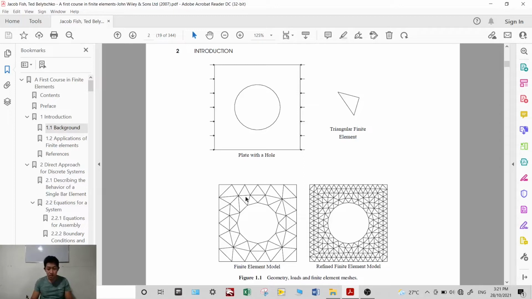The connection between two elements is called the node. So you solve the values, for example stresses, for every node. As you make the elements smaller or finer, the mesh, the more accurate your solution.